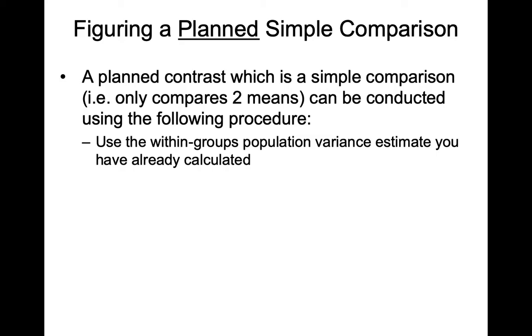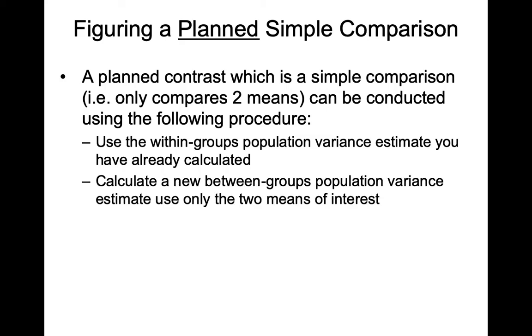We're going to use the within groups population variance estimate that we've already calculated from our omnibus analysis. So that step is done. We're going to calculate a new between group variance estimate using only our 2 means of interest. Then we're going to figure the F ratio in the usual way. So there's only a slight modification to the procedure that we've already learned.